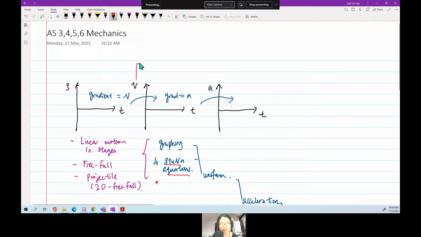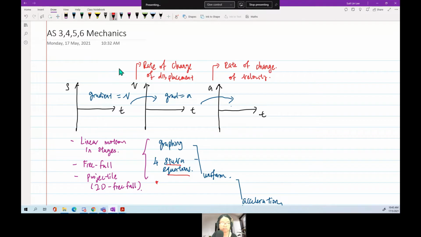Velocity, always use calculus: rate of change of displacement. Okay, so I'm sorry if you do physics and you're not familiar with maths. It's just a bit harder for you lah, but we are still going to write it as rate of change of velocity. Okay, so we look at this. That's why we look at the gradient.